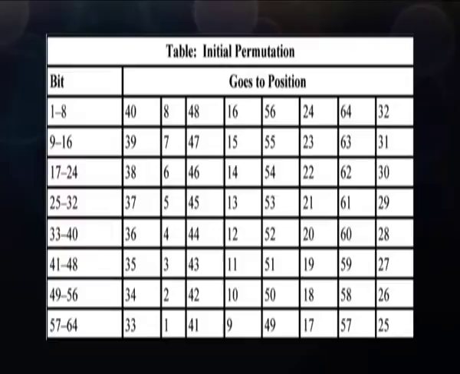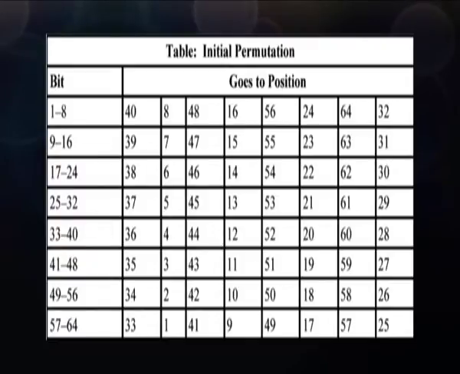Now, let us move on to the initial and inverse permutations of stages 1 and 18. The DES algorithm begins with an initial permutation that reorders the 64 bits of each input block. The rule for the initial permutation is shown in the table.